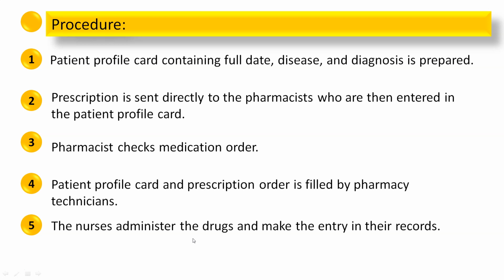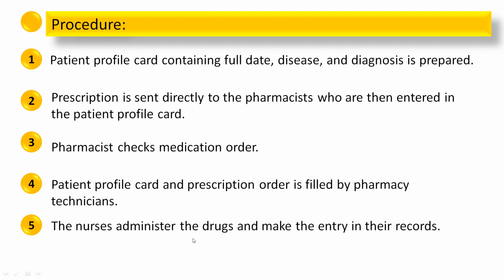So what will the pharmacy do? The patient profile form containing the full data about when they got admitted, disease profile and diagnosis is prepared. The prescription is sent directly to the pharmacist, who then enters it in the patient profile card, keeping the record of the patient.